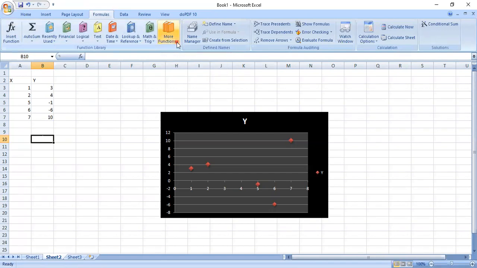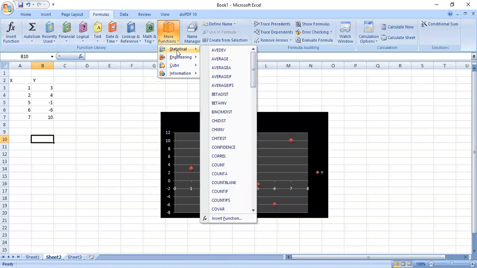So you click on that. Under more functions, you have the option called statistical. And inside that, you find the function which goes by the name CORREL. As you can see, it says that it returns the correlation coefficient between the two sets. Click on it.